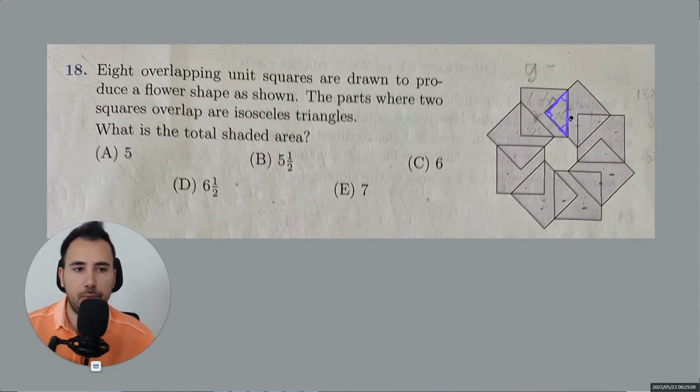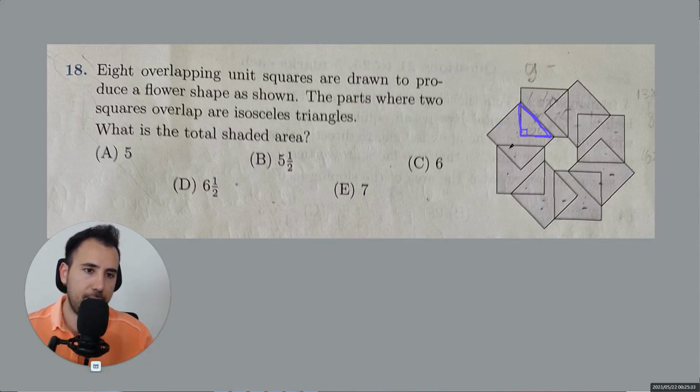Because they're overlapping, we had 8, so the answer is, of course, smaller than 8. All the options are smaller than 8. Now what to do? So, what is the area of each of these triangles? If we have the area of one of these, then it's over. This is 90 degrees.